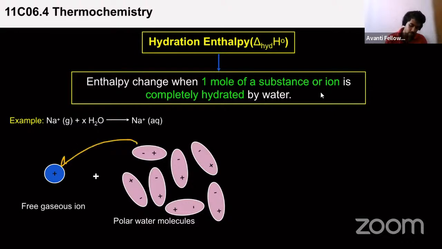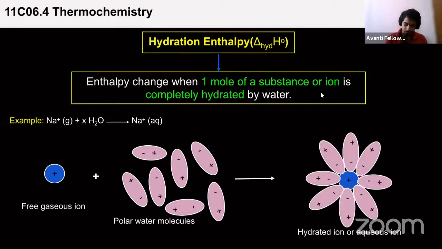Negative will be attracting positive, positive will be attracting negative, the same thing. As we are using a cation, that is the sodium cation here, the oxygen, which has a partial negative charge in water, will be surrounding the cation. This is nothing but the hydration sphere. How many are surrounding the cation, that we'll call the hydration sphere.